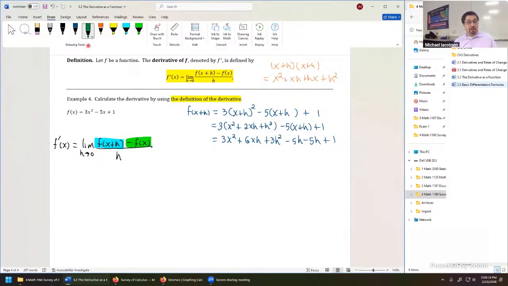Let's let that be our new chunk, including that negative sign. So negative f of x is negative of this thing, 3x squared minus 5x plus 1. So that means it's going to be equal to negative 3x squared plus 5x minus 1.